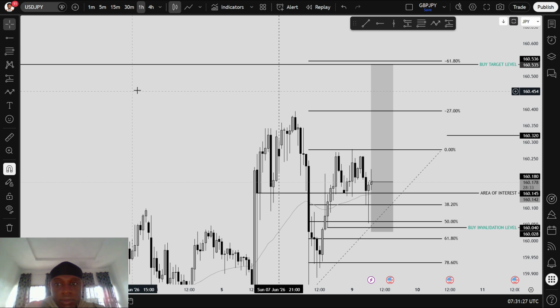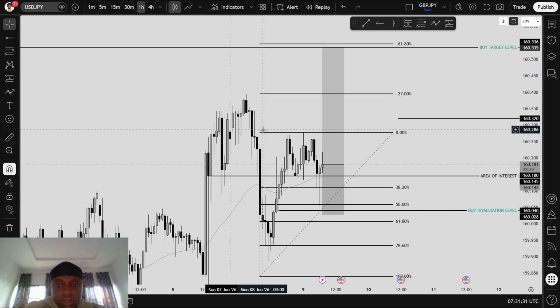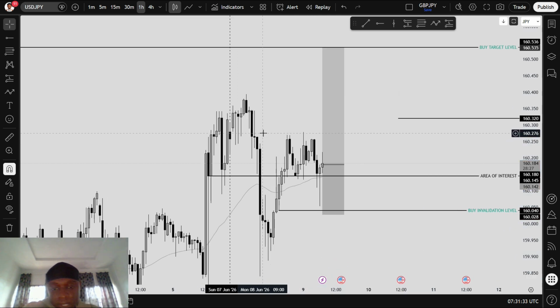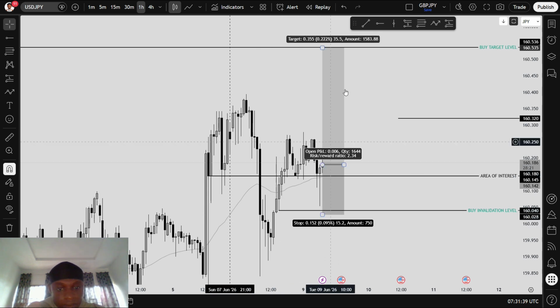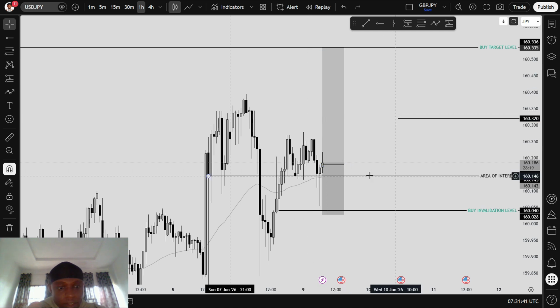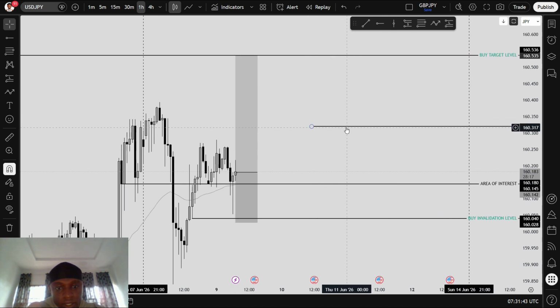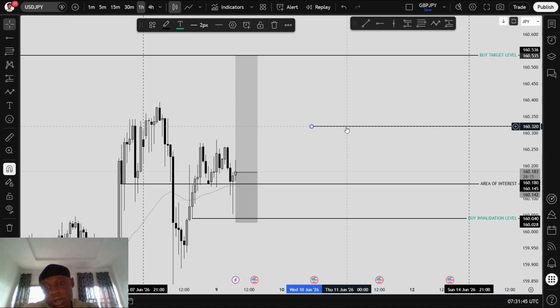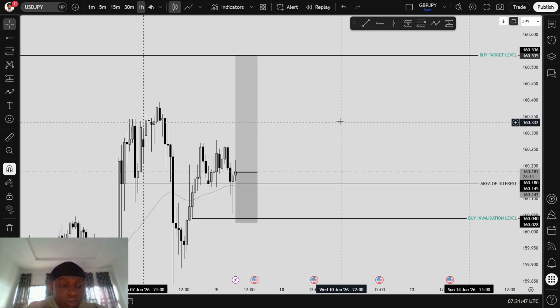So my stop loss is behind not just structure, but the invalidation level, the buy invalidation. Once price takes me out here, the whole buy setup I'm planning is not going to work. There's no high impact news today, probably tomorrow CPI.